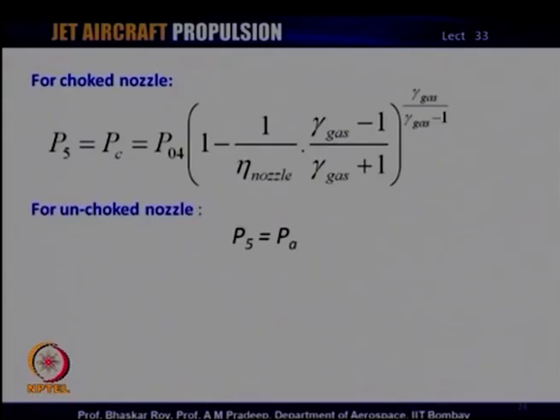Now, for the choked nozzle, we know that it reaches the critical pressure, written here as P c, and this is given in terms of the nozzle operating condition, starting with, let us say, P 04 coming from the turbine, and then the nozzle efficiency, and using the specific heat ratio of the gas operational at the nozzle, we can find the choking pressure that is operational at the nozzle exit.